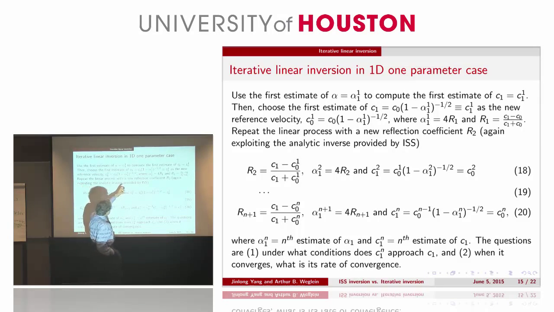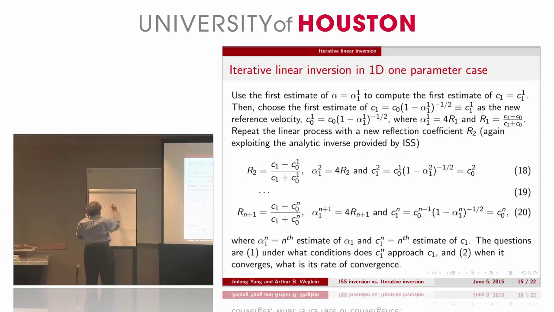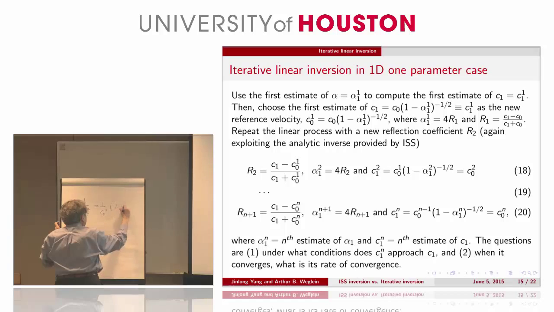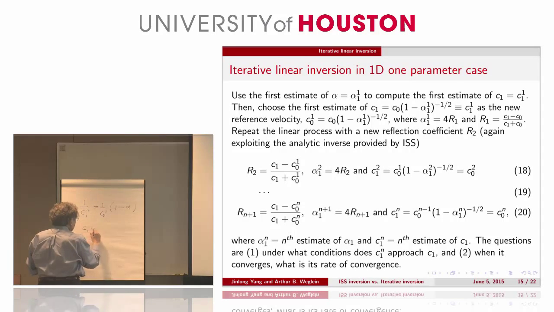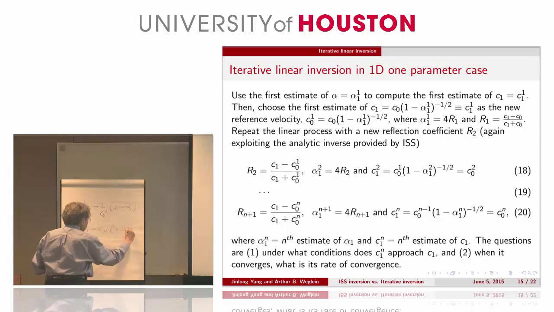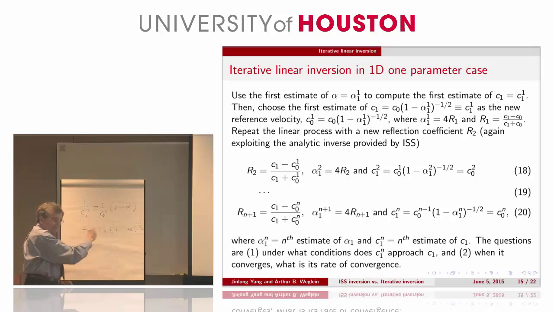With a formula like this, because of the definition of alpha. So you get C1 equals C0 times 1 minus alpha. Like that. So this is the definition of alpha.